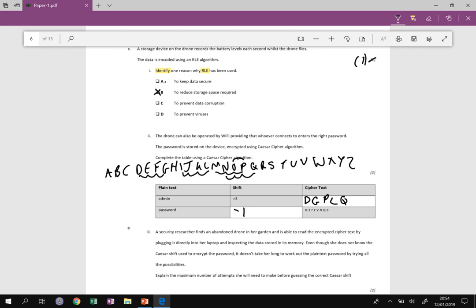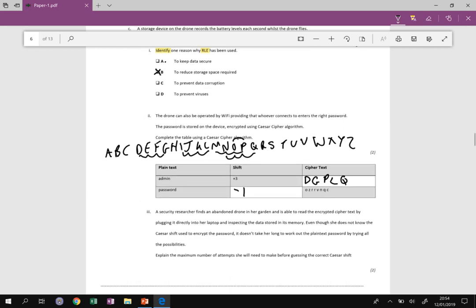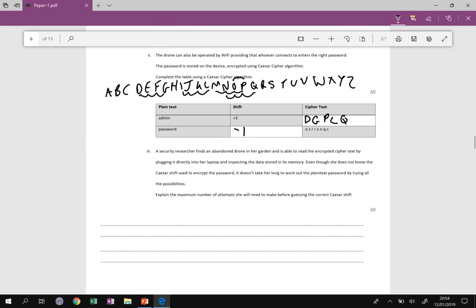The minus just means you're shifting left, as in you're going backwards in the alphabet. A positive shift means you're going forwards in the alphabet. So we get 2 marks here, 1 for each.